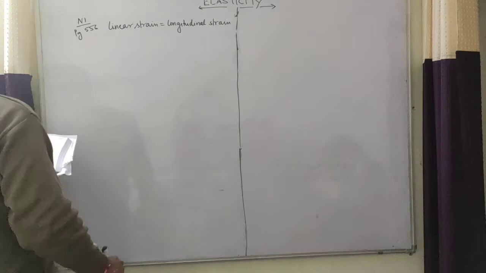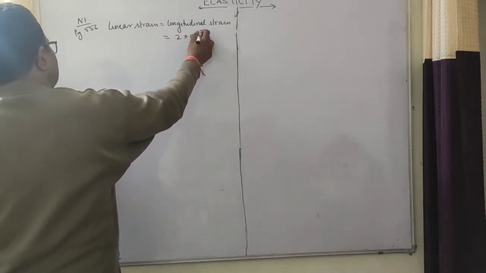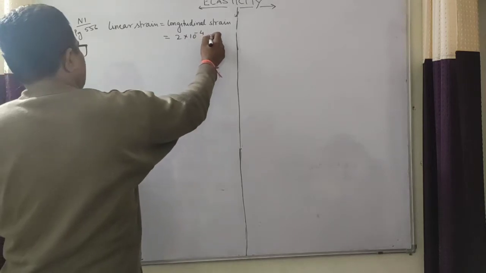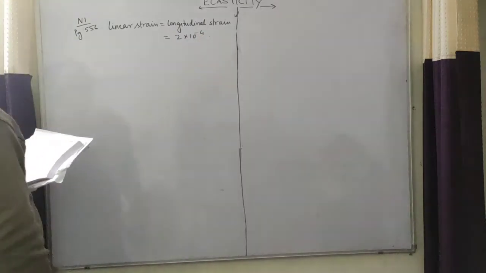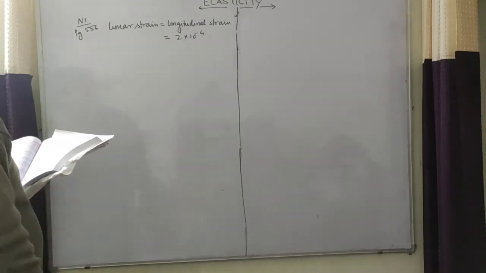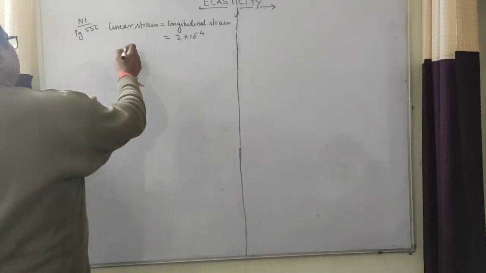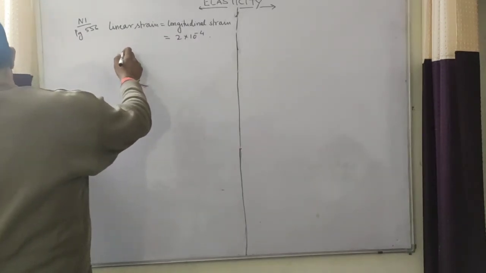It is given, which is equal to 2 into 10 to the power minus 4 in a wire. It will not have a unit because it is a pure ratio, change in length upon original length. Now stress is developed by producing linear strain.